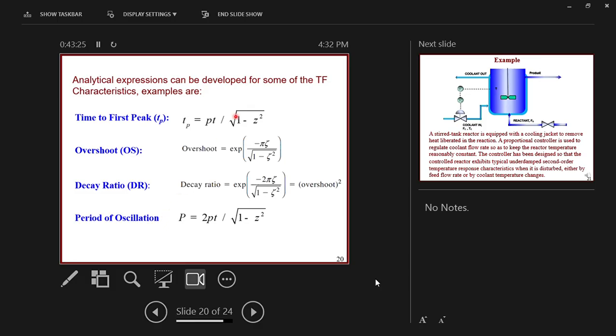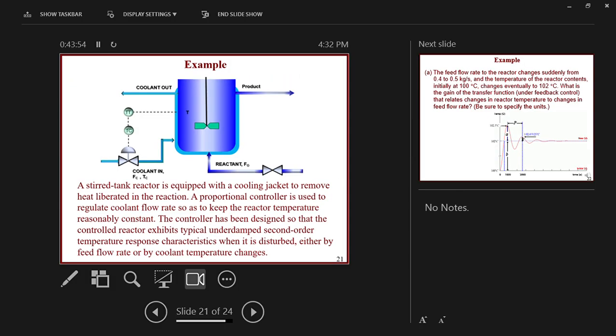And this brings us to a very important thing here. If I know the zeta, I can know how the process behaves, and I can know what type of response it is. Is it overdamped, critically damped, underdamped, and I decide about its dynamics. Now let's take an example and see how can we deal with the dynamics of a second order system.